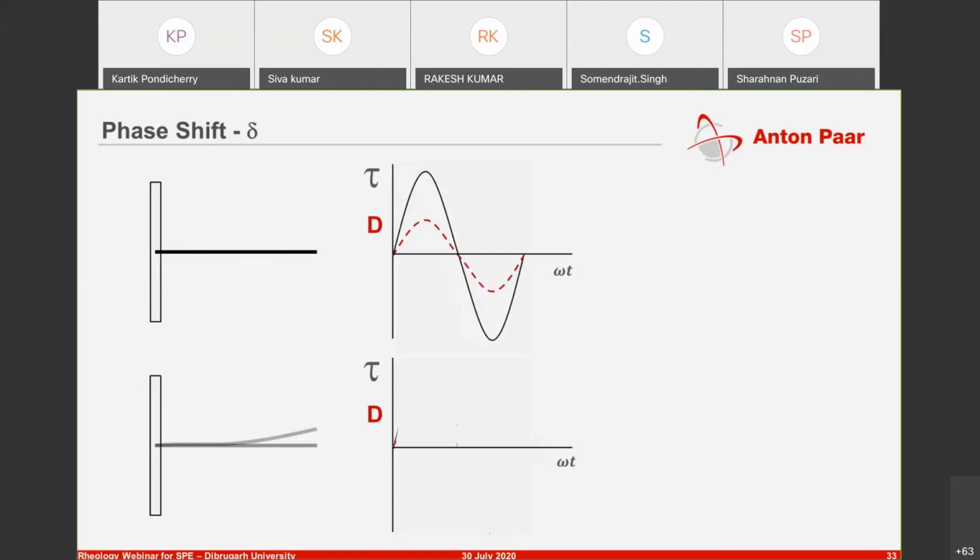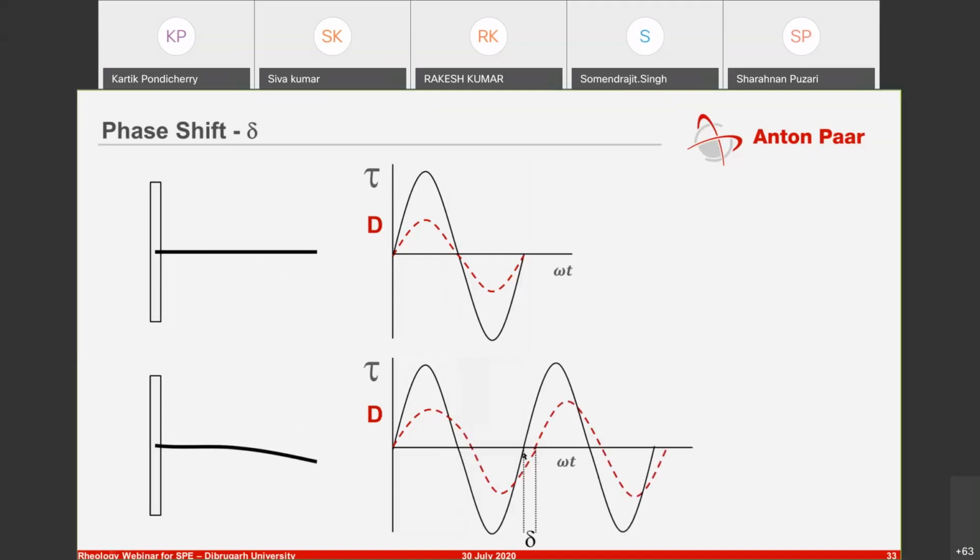And then you could also have another case where you apply a force, you bring the force back to zero, and there's some residual deflection. Of course, this is not a 100% physically apt description. This is more like a simplified version. But imagine going for a full cycle, and then you will see that there is a lag or a shift between the input and output waves, and that shift is delta, the phase shift angle delta.